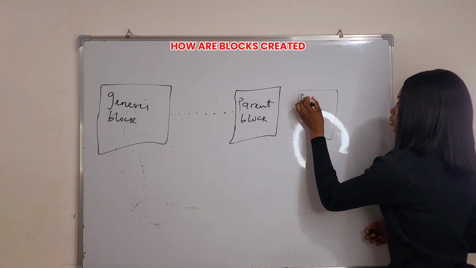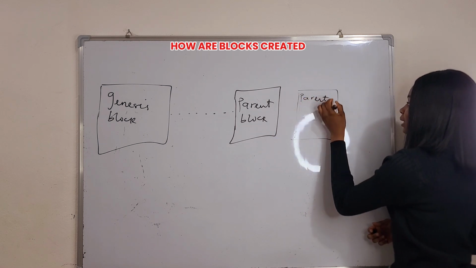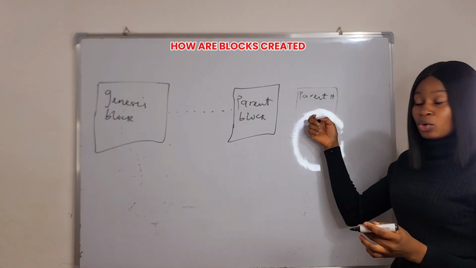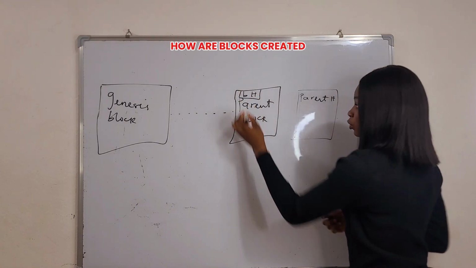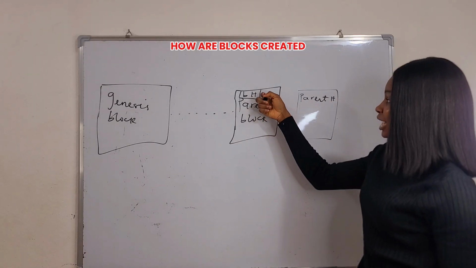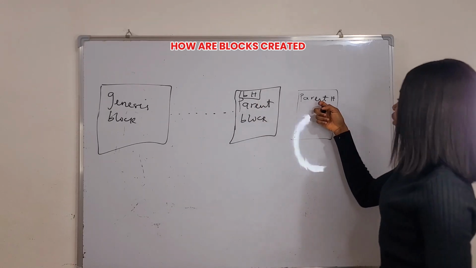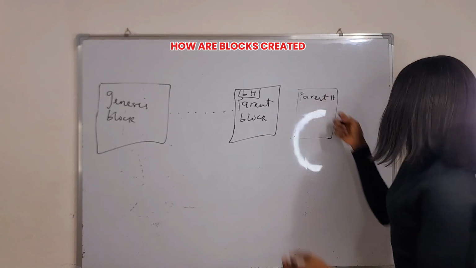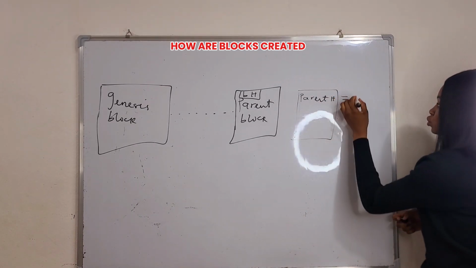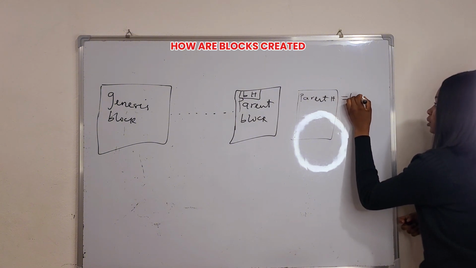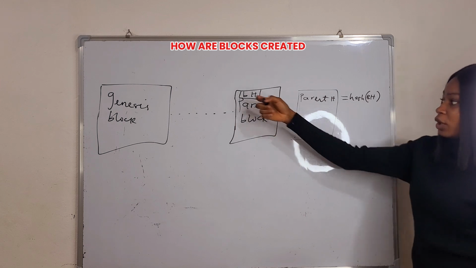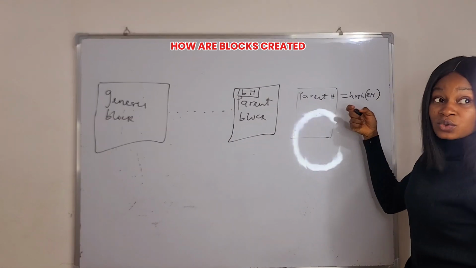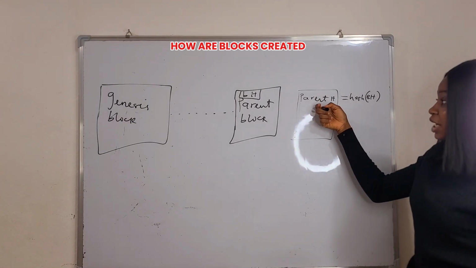The parent hash of this new block will come from the block header. We will get the hash of this block header, and it will be our parent hash. So this will be equal to the hash of this block header.